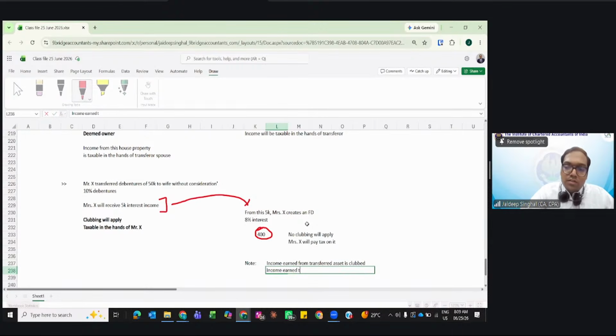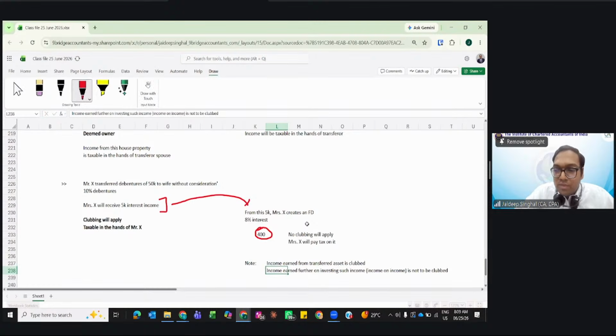Income earned further on investing such income, or I can say income on income, is not to be clubbed.